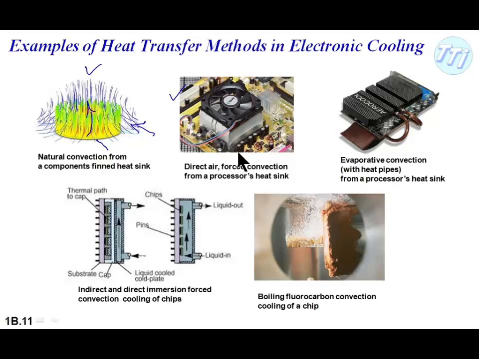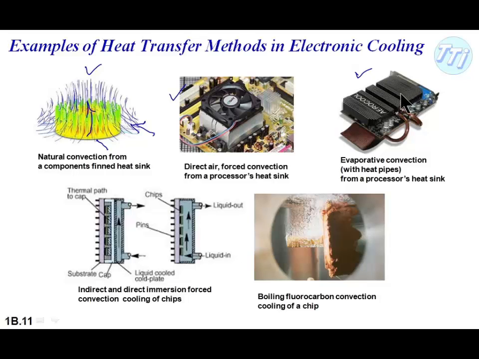Then there are, here's an example of an evaporator convection device put on top of some processors. We'll talk about what heat pipes are in our advanced cooling section, but basically they're a closed system that has a liquid that evaporates from the heat, that vapor travels down the length of the heat pipe and condenses at the cold end and dumps the heat at that end, and it's carried away by another technique or method.